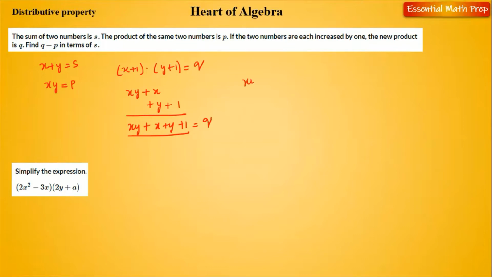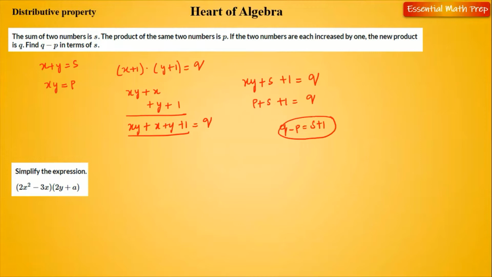So xy plus s plus 1 equals q, right? xy is p, right? So it's p plus s plus 1 equals q, right? So q minus p would be s plus 1. That's exactly what it's asking, and it's very, very simple.